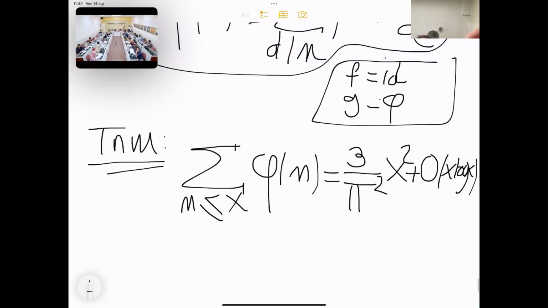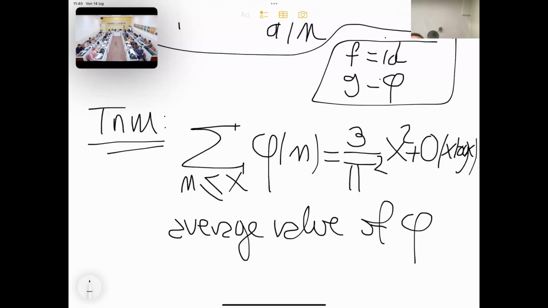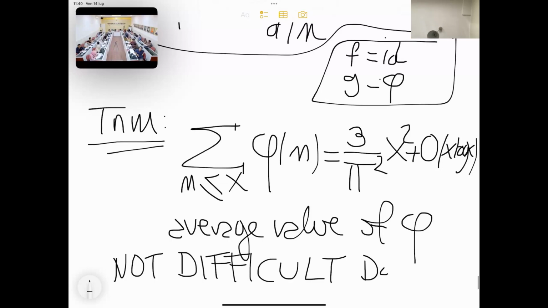This is the average value of phi, and it is not difficult to prove.